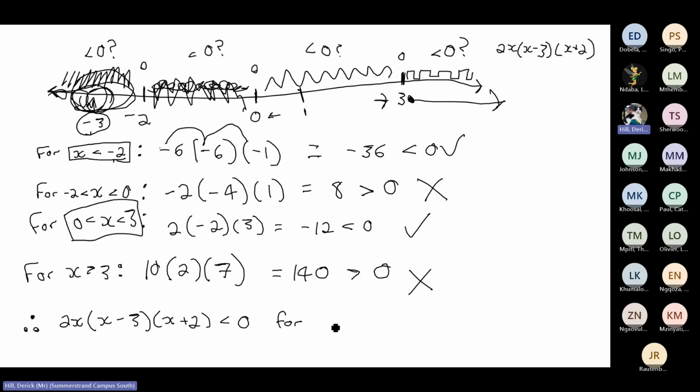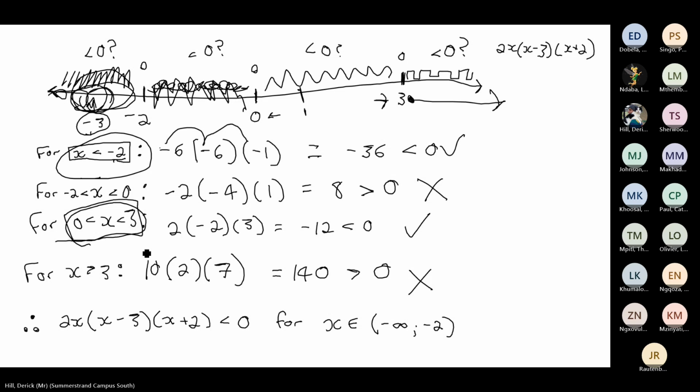Or, and we're going to write it like this, x, an element of this interval, which starts at minus infinity, and it ends just before minus 2, so we're using round brackets. And our next interval is between 0 and 3. To join up these two intervals, I'm going to be using a union, which looks like a big U, and that is going to be from 0 to 3.